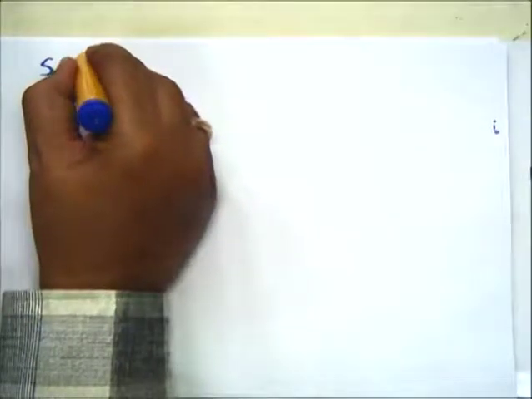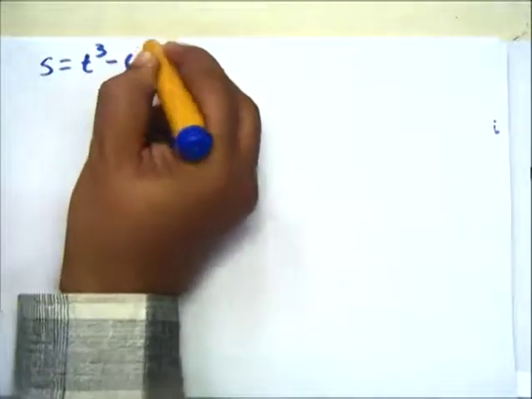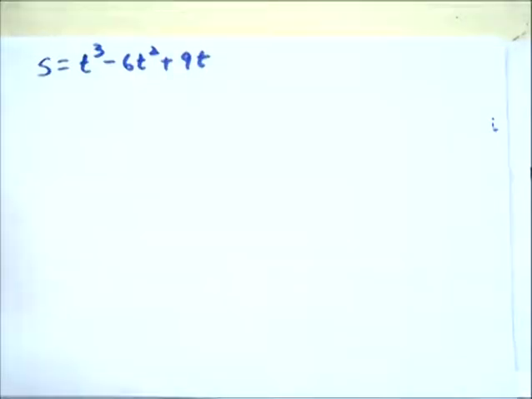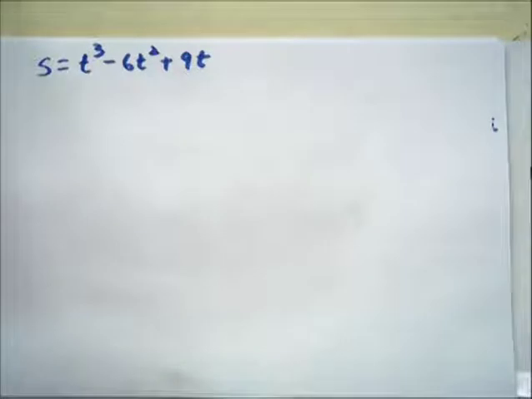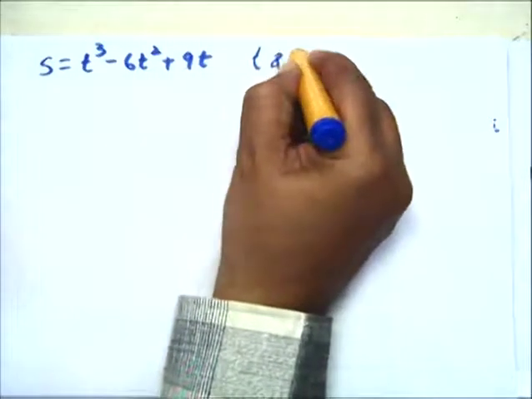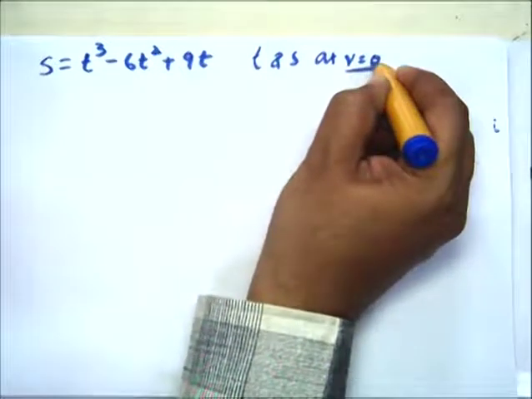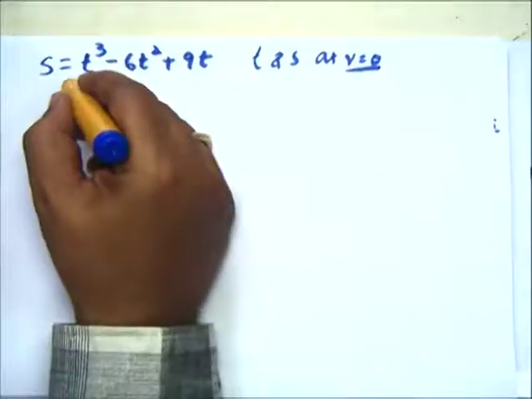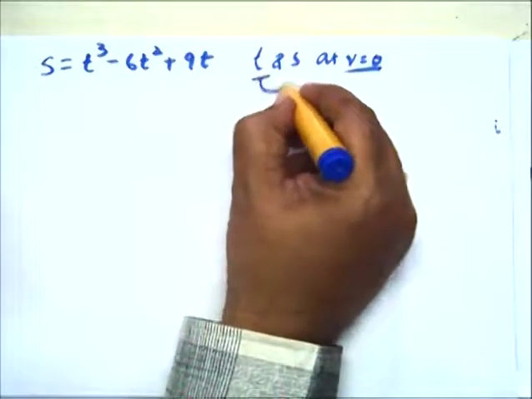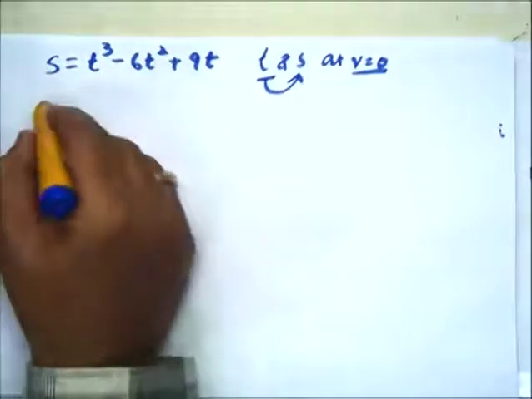This is the equation of motion, and we are interested to find t and s at v equal to 0. So we put v equal to 0 after finding v from this. That will give us t, and if we substitute that t in the equation of motion, we get s. So let us do it.